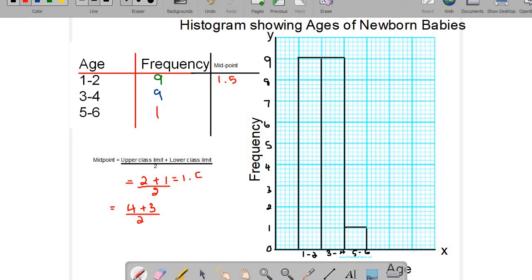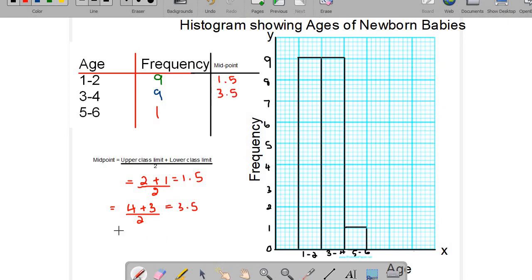So I'm going to add 4 plus 3, that's 7. 7 divided by 2 is 3.5. So I'm going to put 3.5 here.